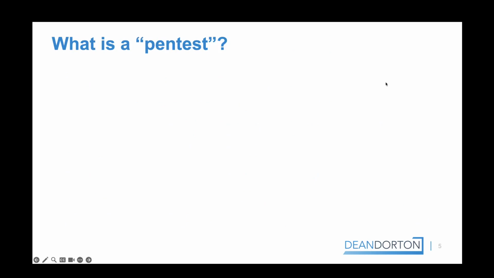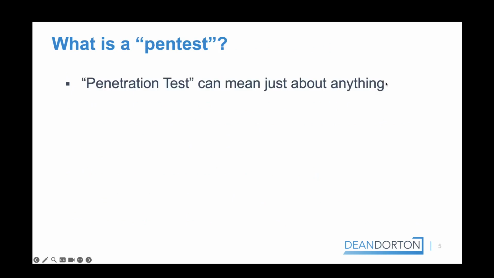What even is a pen test or penetration test? The problem I have with this is that this term can mean just about anything, right? Because for better or worse, cybersecurity as an industry is good at taking terminology and using and abusing it to make sales, whether that's intentional or unintentional or otherwise.